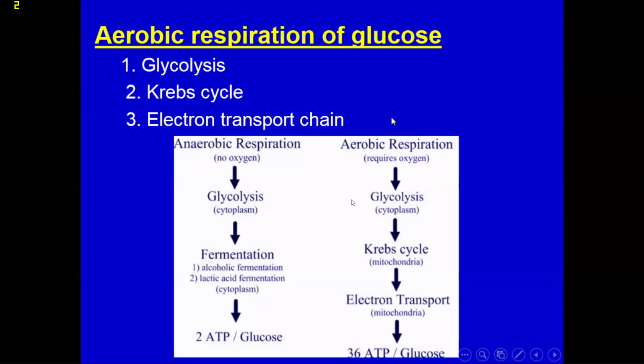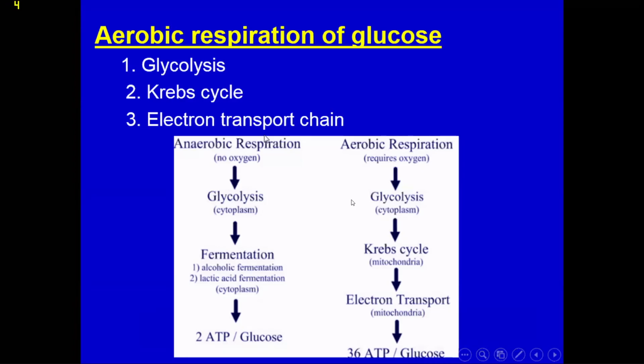That happens in a human being, and can also happen in microbes. So for the aerobic reaction: glycolysis, Krebs cycle, and electron transport chain. This will release about 36 ATP molecules from one glucose unit.